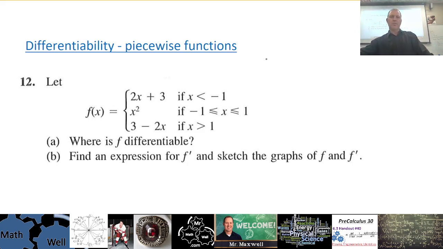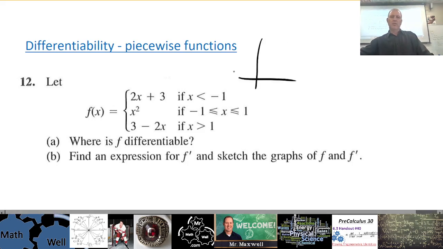So for example, if we have a jump discontinuity, it's not differentiable at this x value. If we have a corner or a cusp, like an absolute value function, where we have a straight line and then another straight line with a different slope, it's not differentiable there.